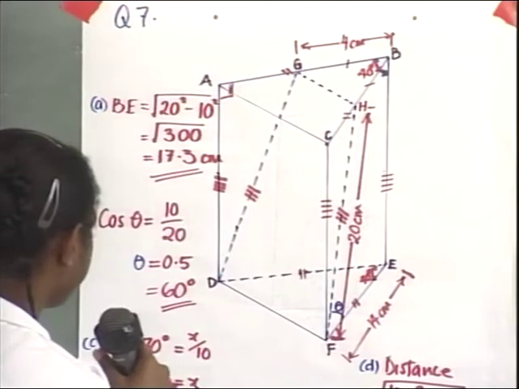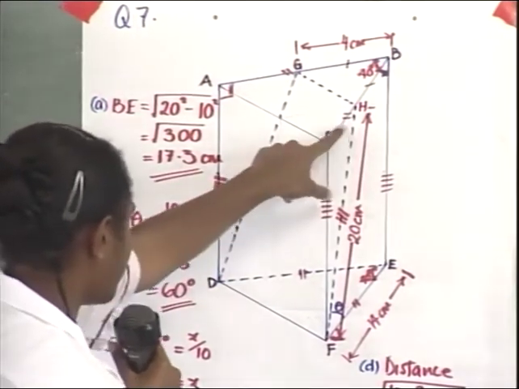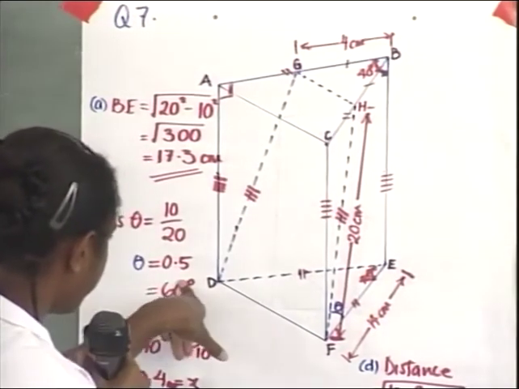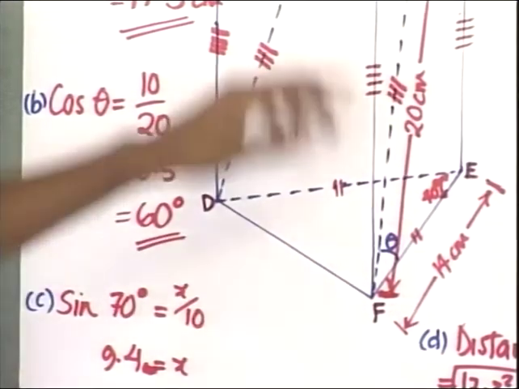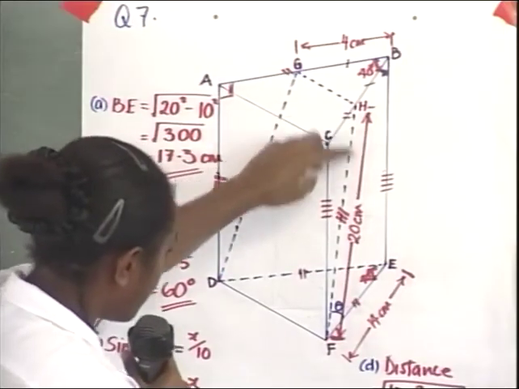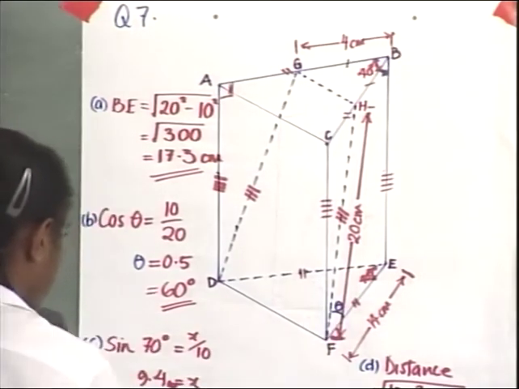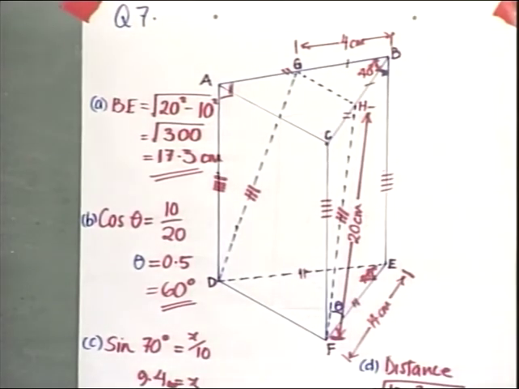So we use cos, because this is the adjacent. So cos theta is 10 on 20, which is 0.5, which equals 60 degrees. 60 degrees here is alternate to theta here, so this angle is 60 degrees. Theta is 60 degrees.